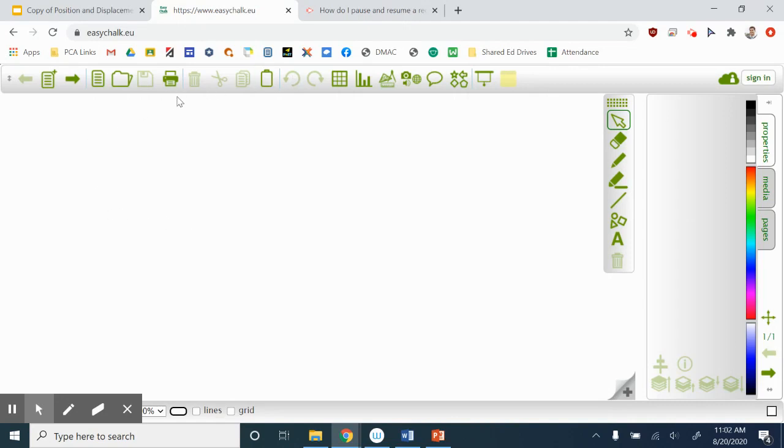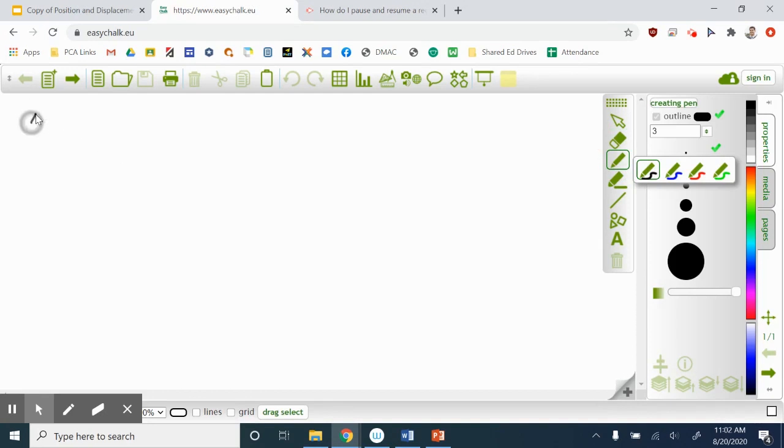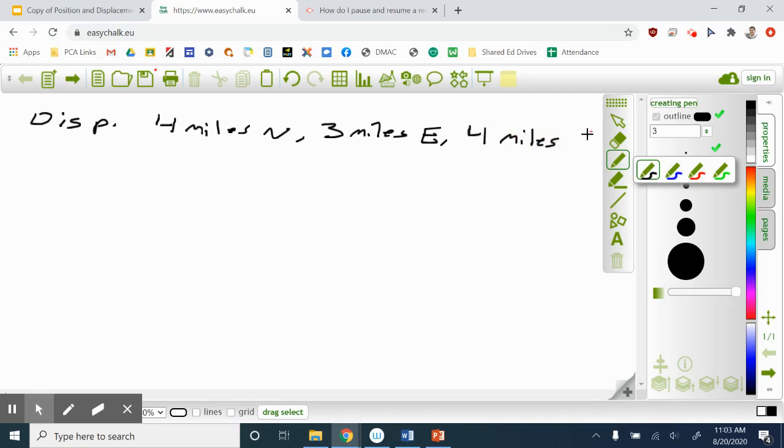The problem says to find the displacement, we'll write it out so we'll remember. Find the displacement if you go 4 miles north, three miles east, then 4 miles south.